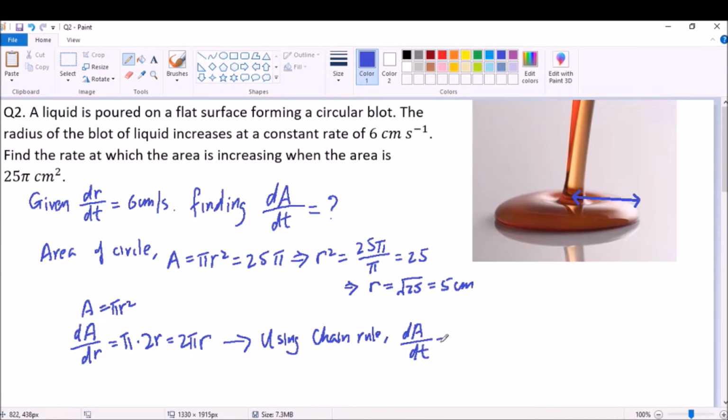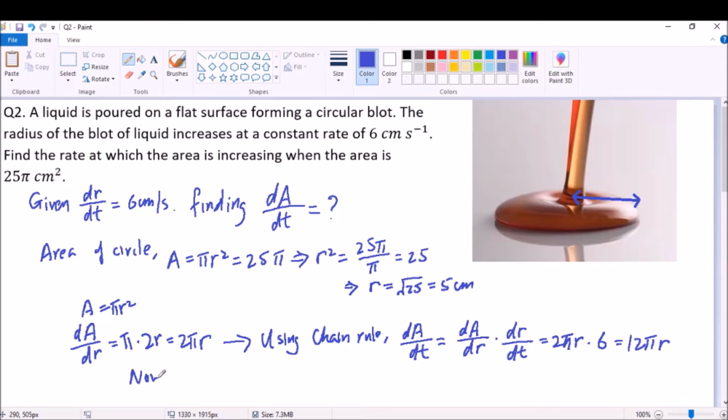We express it as dA over dr multiplied by dr over dt, where dA over dr is 2 pi r, and dr over dt is given as 6 cm per second. So we have 6 times 2 is 12, 12 pi r.